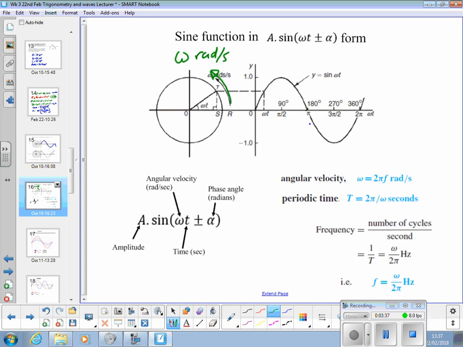We've got this function y equals sine of the angle, giving this height here.